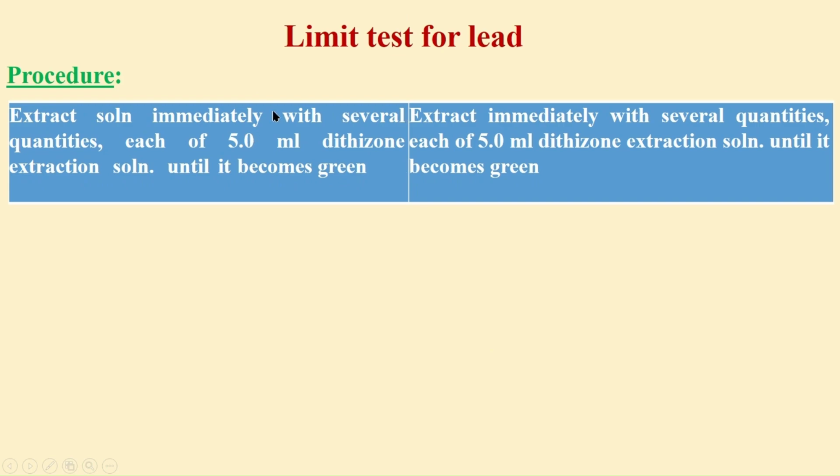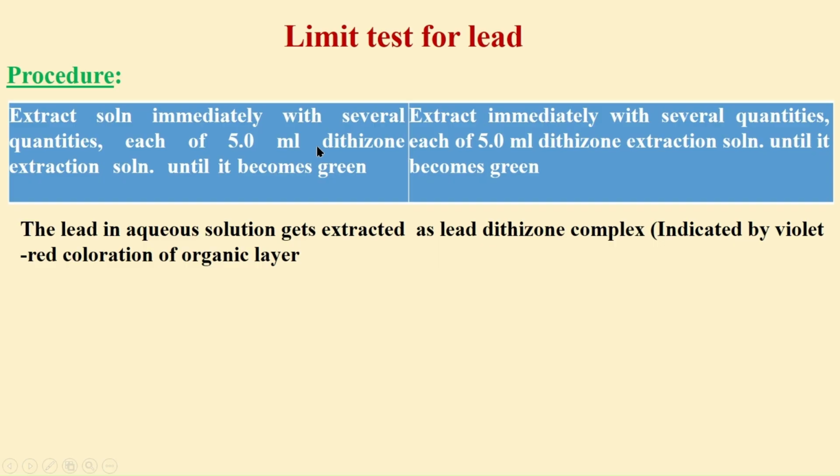The lead which is present in the aqueous solution gets extracted into the dithizone extraction solution, which is prepared in chloroform. It forms violet red coloration. The organic layer becomes violet red as shown in the first slide.